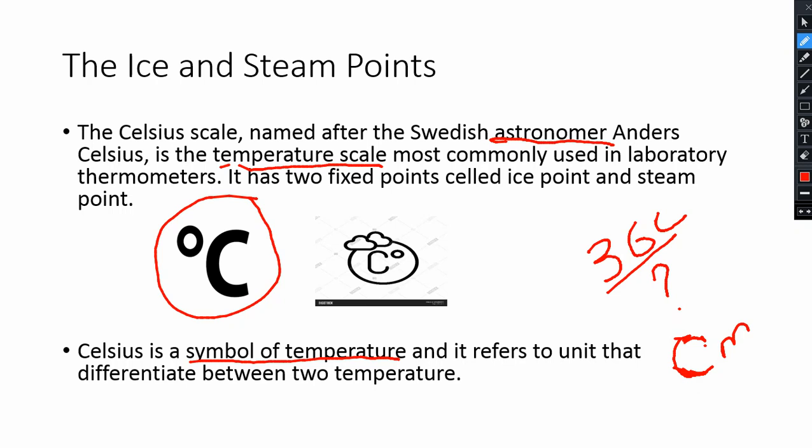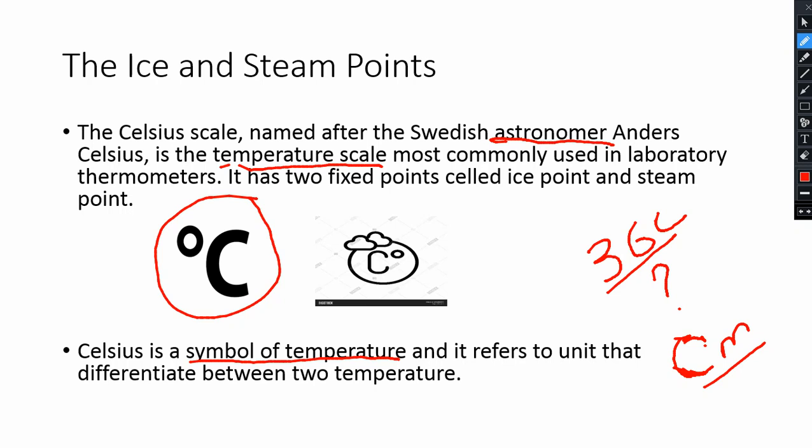Now as you write that 8 and after 8 you write centimeter, then we will know that you are talking about the length of something. Same goes here with Celsius. If you write Celsius with any figure, it means that you are talking about temperature. So that's why we use Celsius to refer to the unit of temperature.